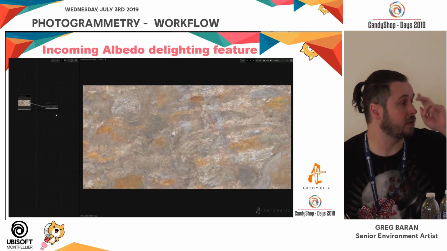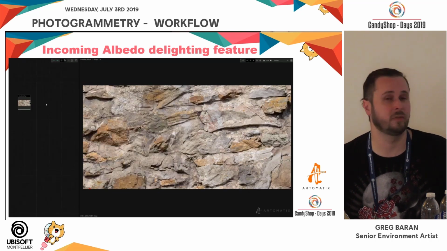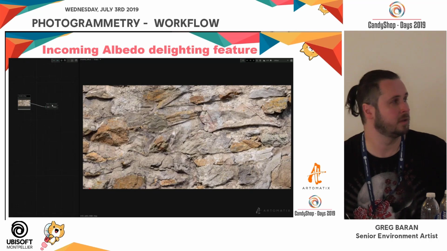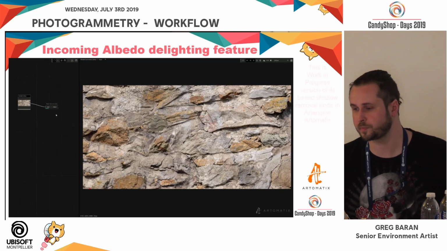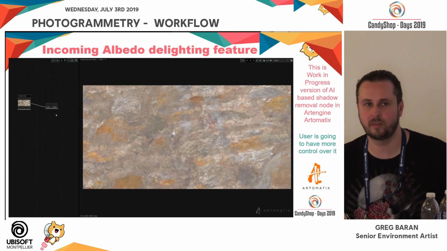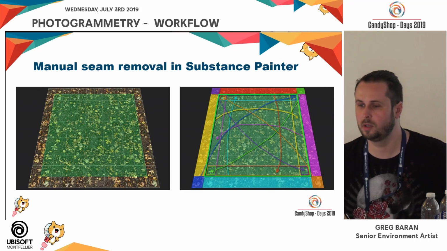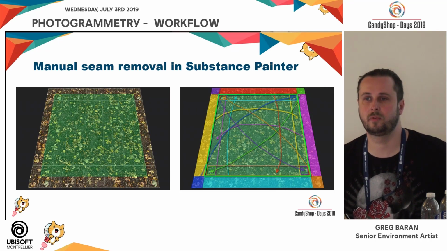They said it's not pure AI, it's a kind of hybrid because the AI was too crazy and they had to limit it somehow. And the user is going to have some control over this one. This is what they told me. I used to also remove things and tile textures using Substance Painter with the simple offset option.